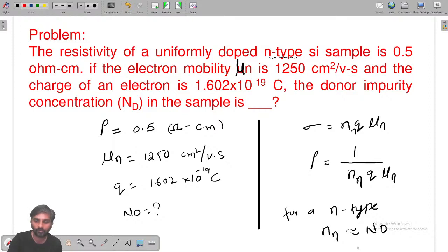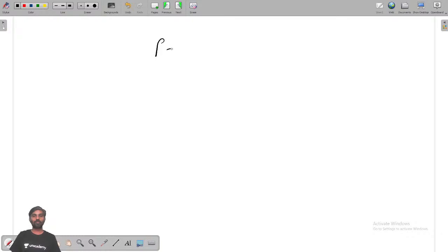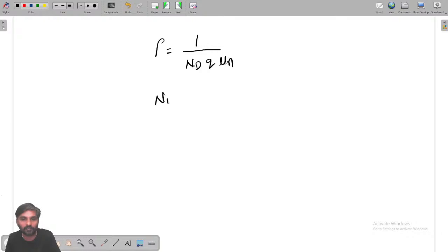So what is asked? I'll replace this. Rho is equal to 1 by Nd q mu n. What is required? Nd is required.